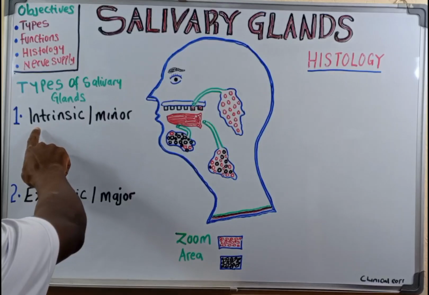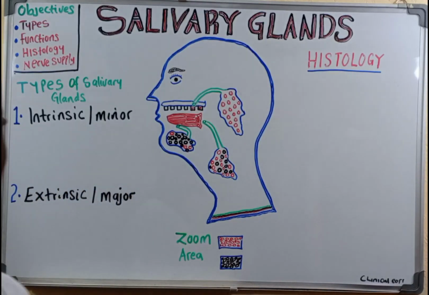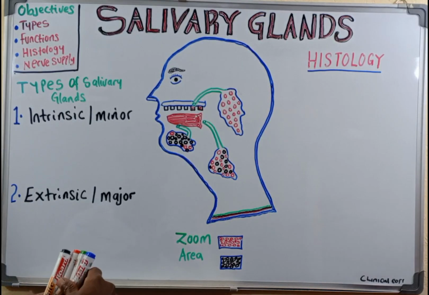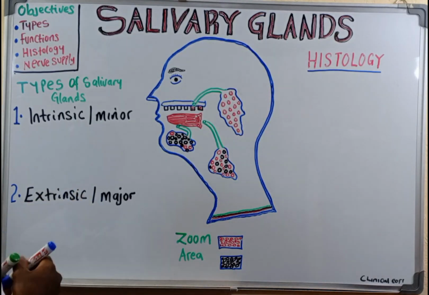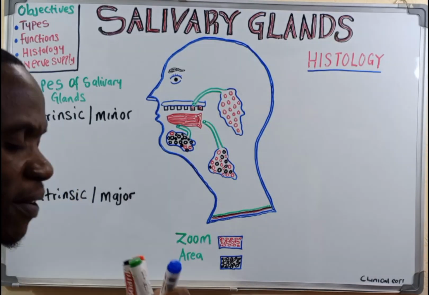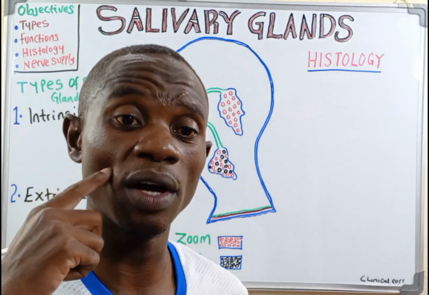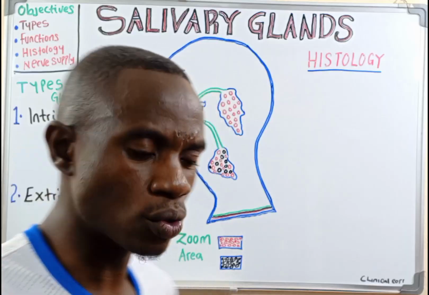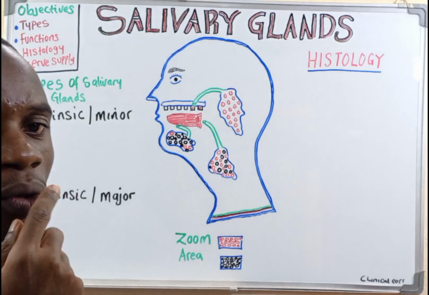For the intrinsic salivary glands, we find them within the oral cavity, and the following are examples. These are salivary glands located on the cheeks, on the tongue, on the palate, and also on the vestibule.